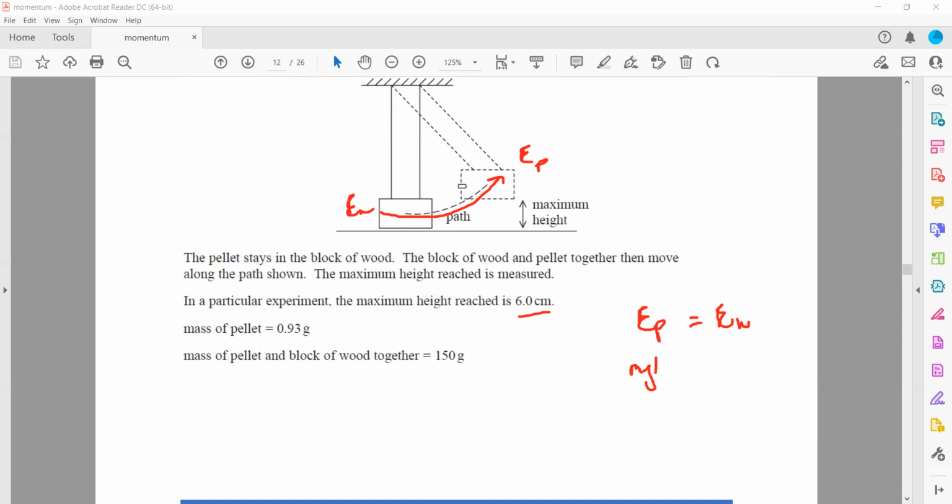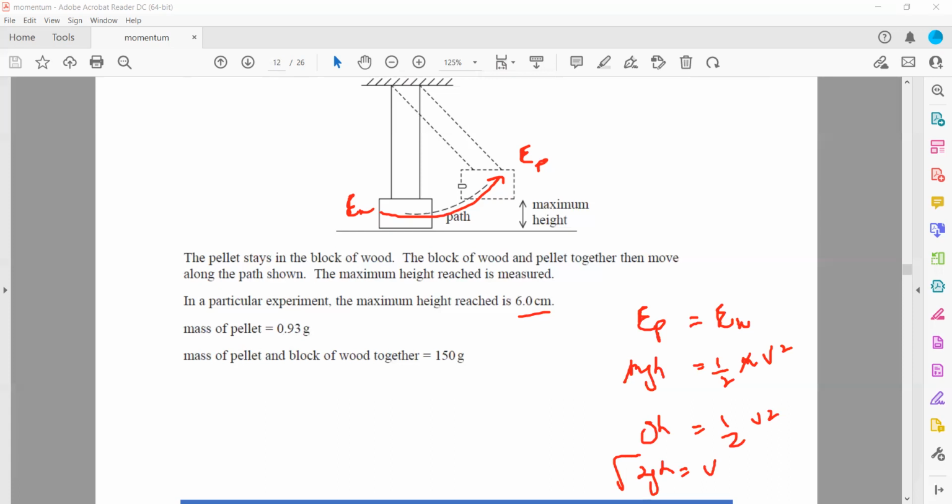Potential energy is mgh, and kinetic energy is half mv squared. m will cancel with m. So gh is equal to half v squared. So v is equal to the square root of 2gh.